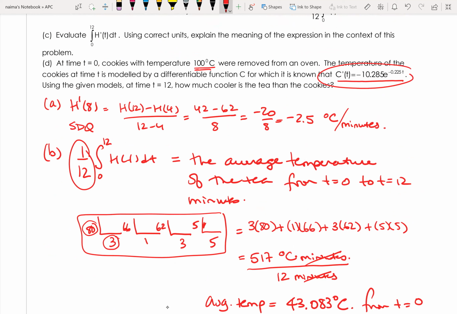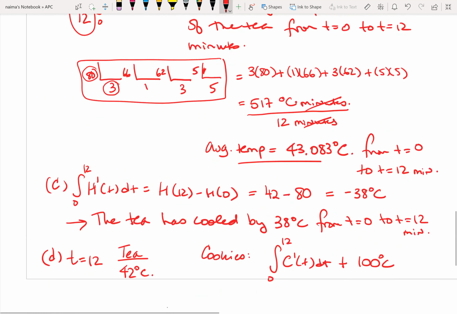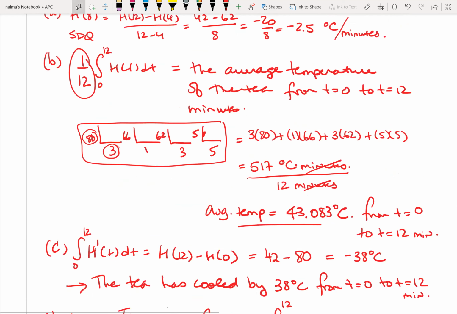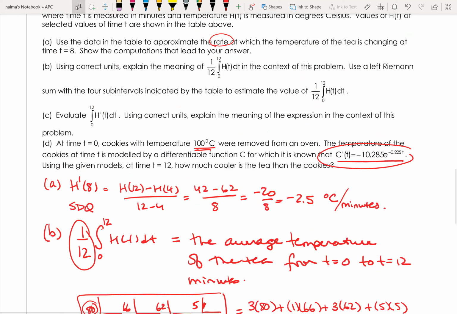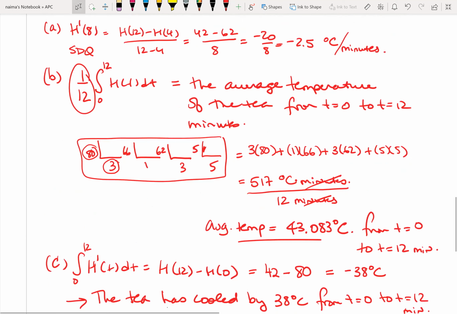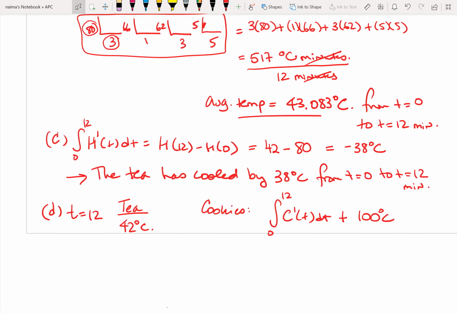And I'm going to integrate that. I do believe that this question was an actual AP exam question, with parts A, B, C, D, and it's not a bad question, I don't think. My lower limit is 0, my upper limit is 12, and then I'm going to add 100 to it.